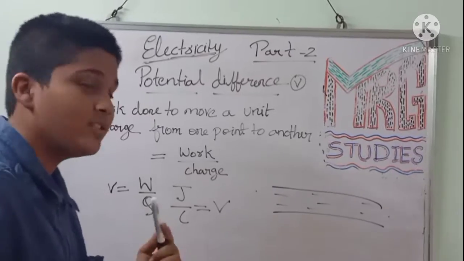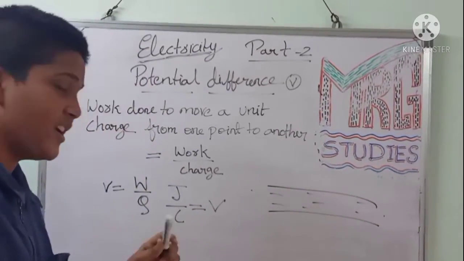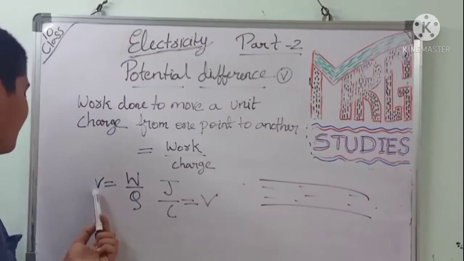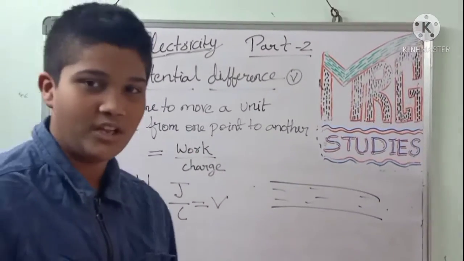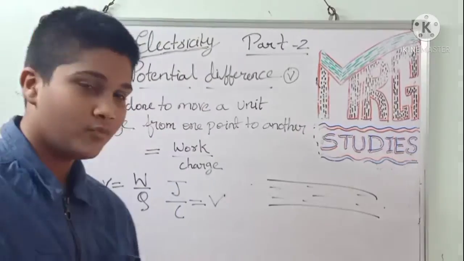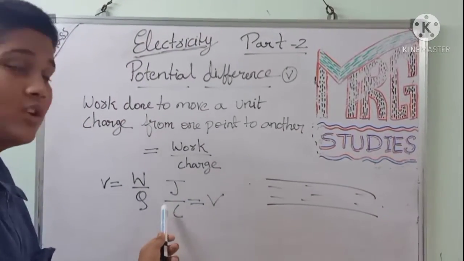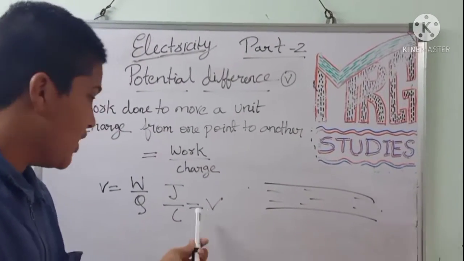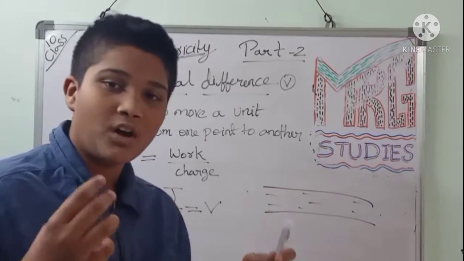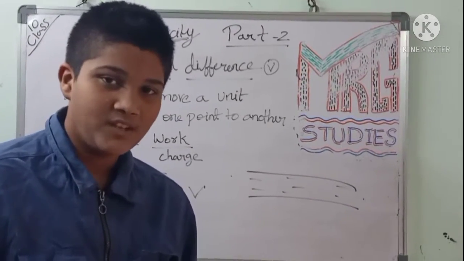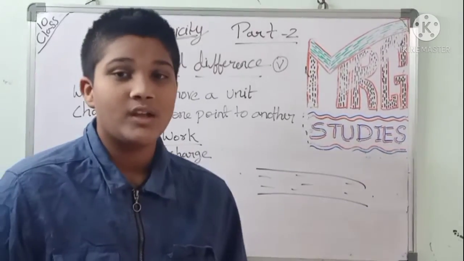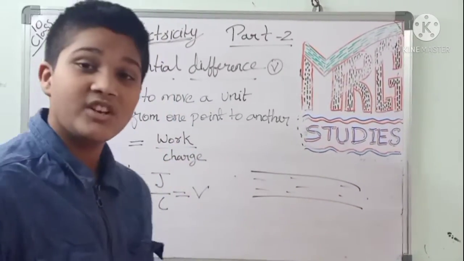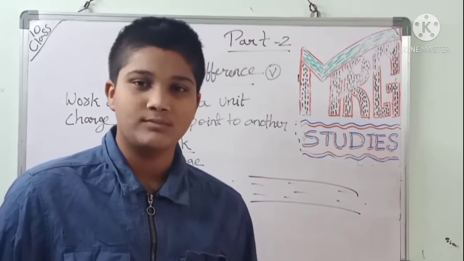For charge, the SI unit is coulomb, C. And for potential difference, the SI unit is volt, V. So V equals J by C is also a formula. Joules by coulomb equals volt.